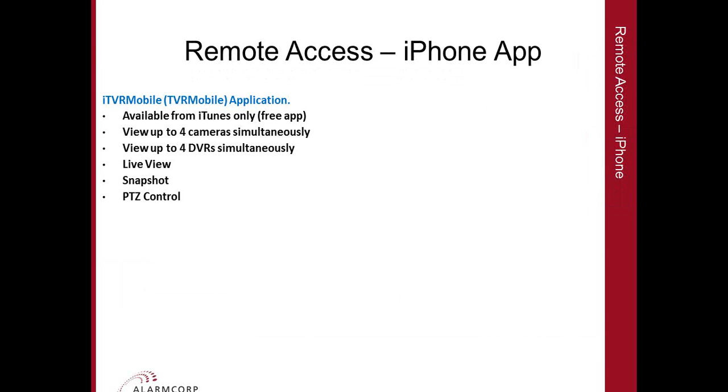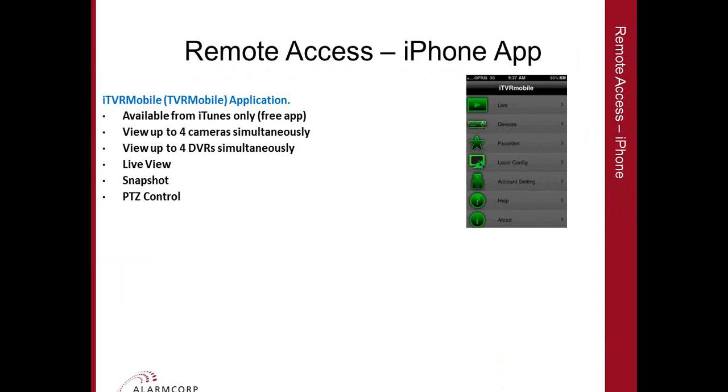What it allows you to do is view up to 4 cameras simultaneously, and you can do it from up to 4 DVRs simultaneously. In other words, you can have 1 camera per DVR. You can do live view, you can save snapshots of what you're seeing, and of course if you have pan-tilt zoom cameras connected to your DVR, then you can do pan-tilt zoom control.